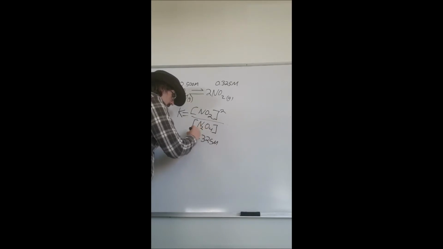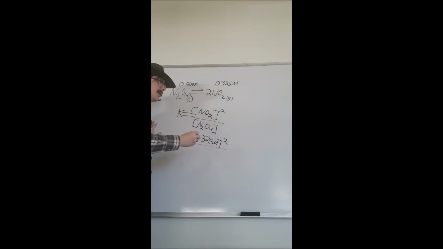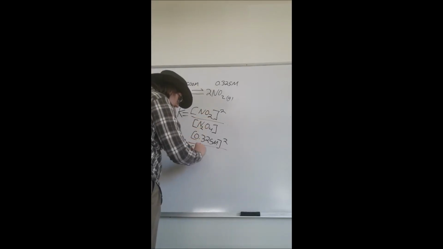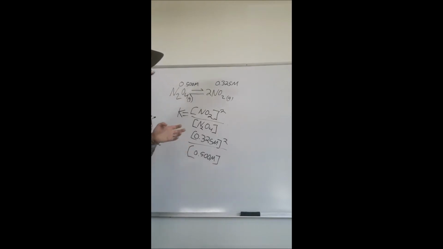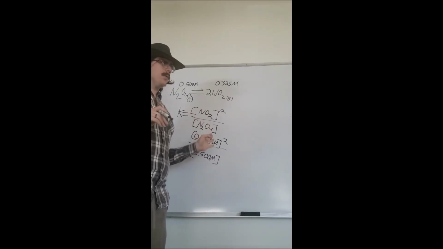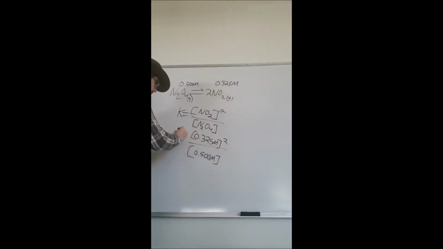Now you may note as we do this that K is a unitless expression. If you want to know why, you can ask me later or ask your local physical chemist, and they'll be glad to tell you why in depth. But for all you people who just want to learn general chemistry, forget about it. It's just one last thing you have to know. Always unitless, no matter what. You plug this in, you solve, and you'll get the K, in this situation, 0.211.